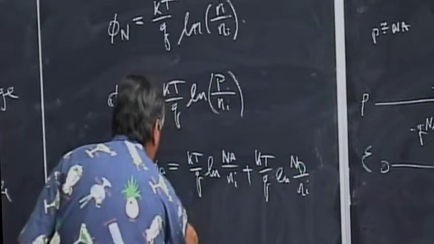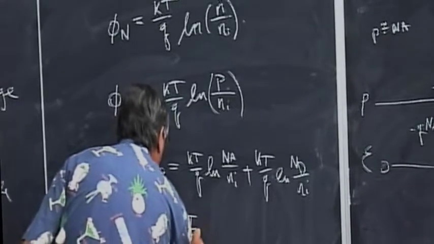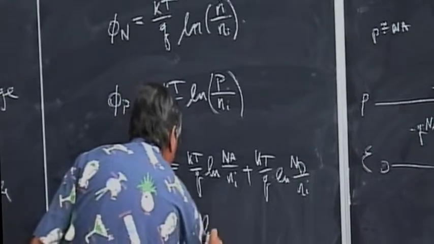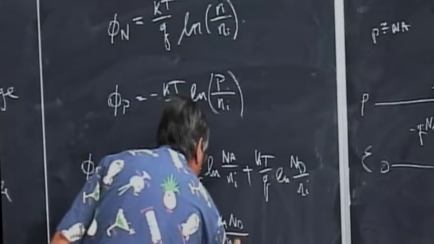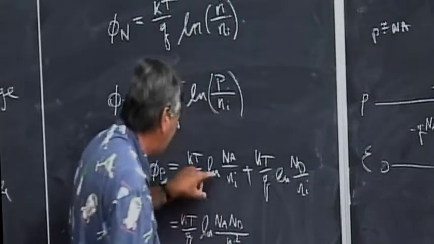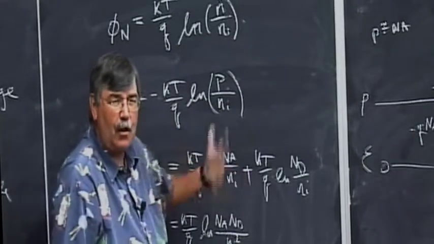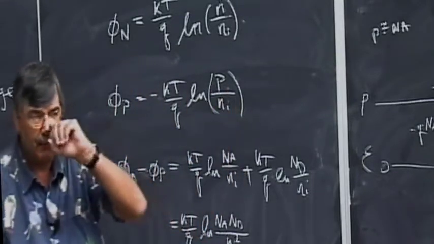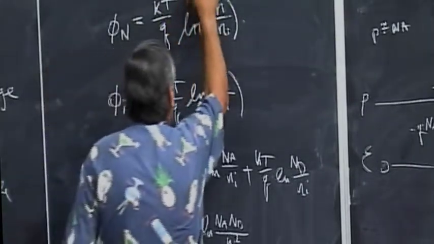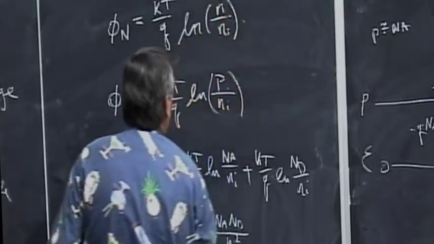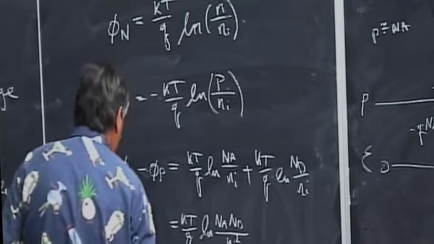And using the basic properties of logs, this is the thermal voltage, KT over Q, times the natural log of NA times ND over NI squared. Right? So when we take the sum of the logs, we get to take the log of the product, basic property of logarithms. So this number is somewhere between about half a volt and 1 volt.